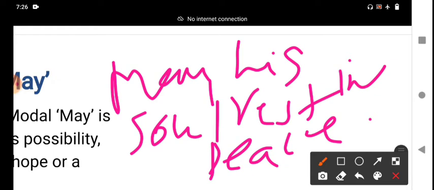This is a wish. RIP, R-I-P: R means rest, I means in, P means peace. May his soul rest in peace. May is also used to express a wish, my dear students.